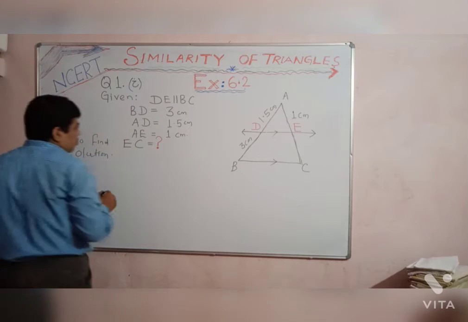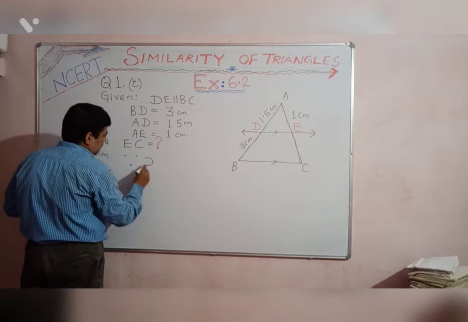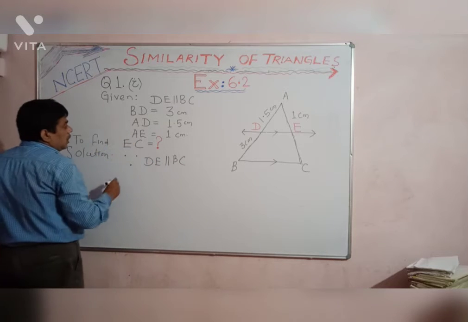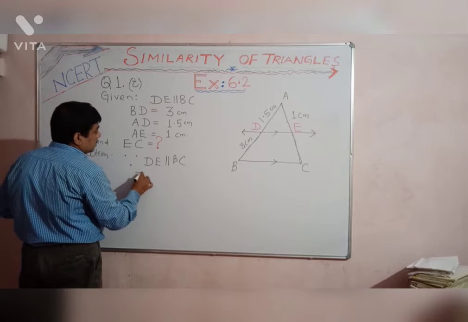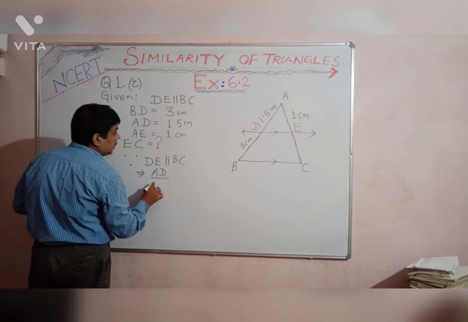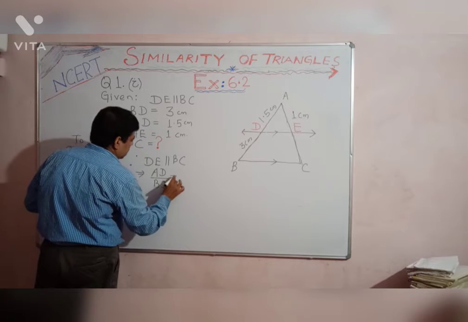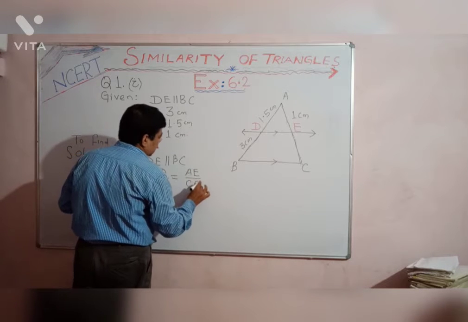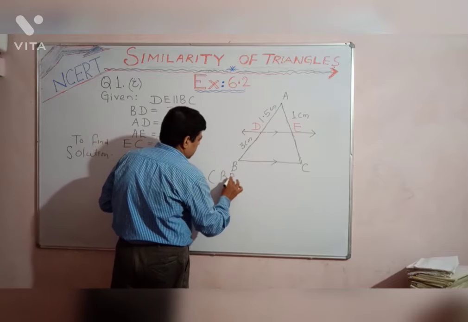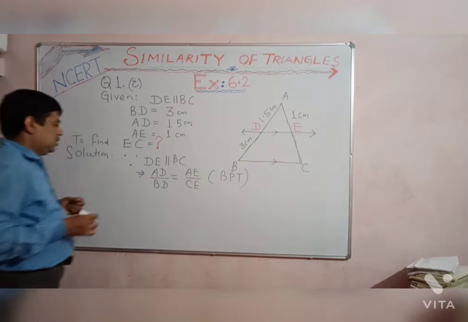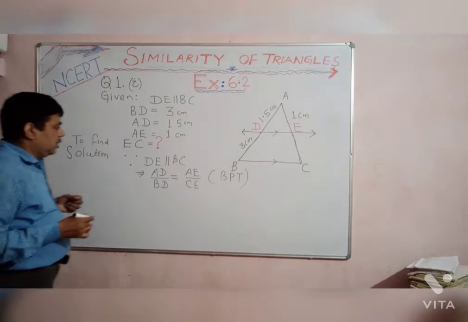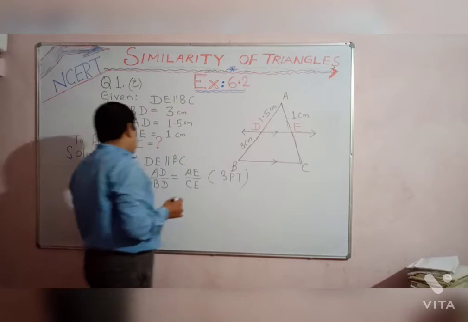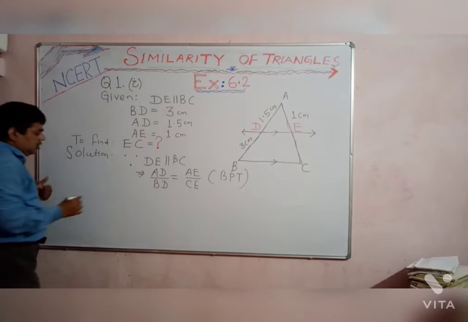According to the BPT theorem, since DE is parallel to BC, that implies AD upon BD is equal to AE upon CE. So here what will happen?